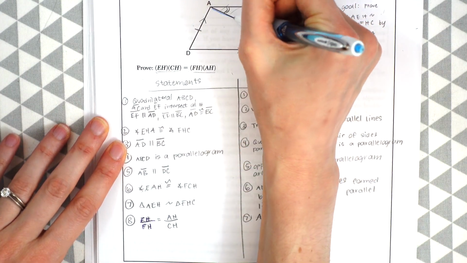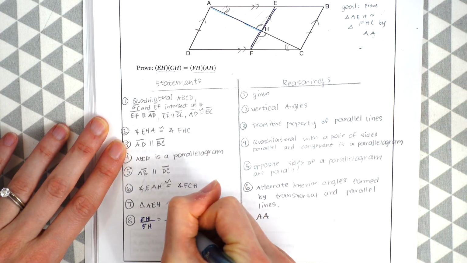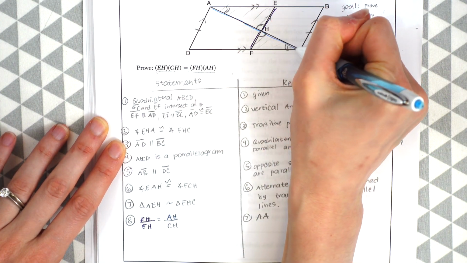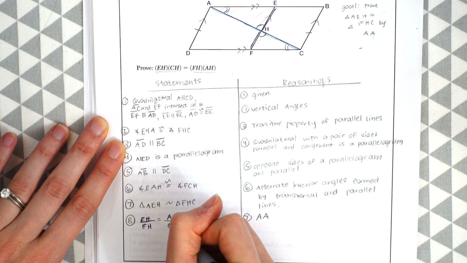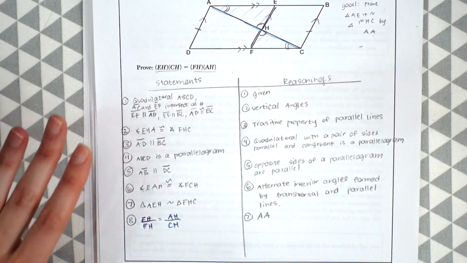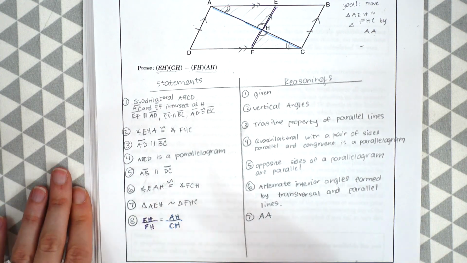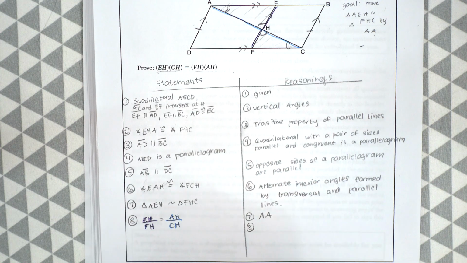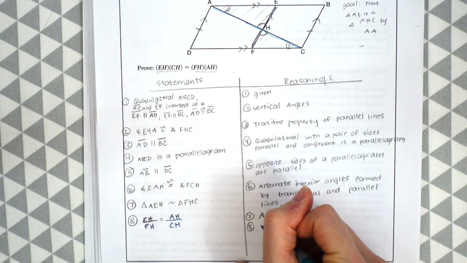And then AH going this way corresponding with this line here, CH, in the other triangle. Okay, so the reasoning for that is that corresponding sides of similar triangles are always in proportion to each other.